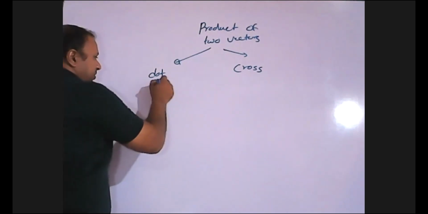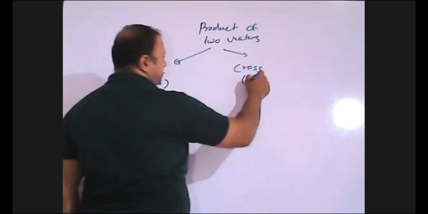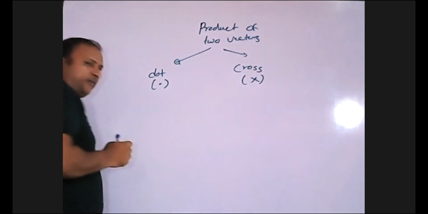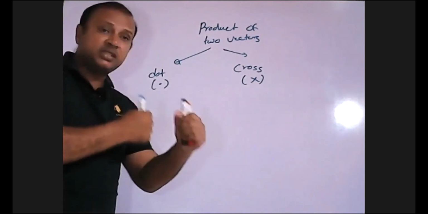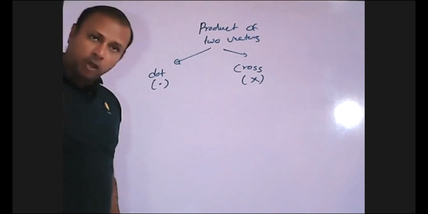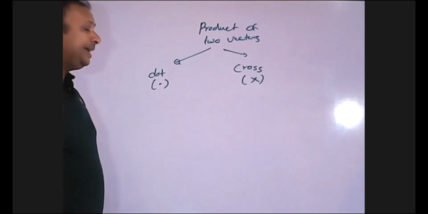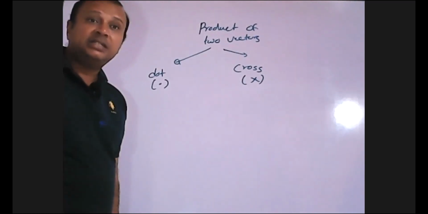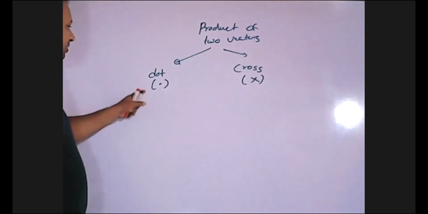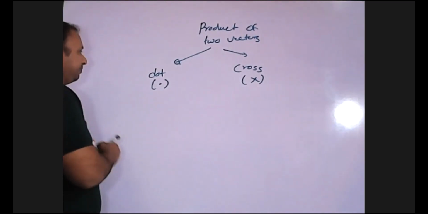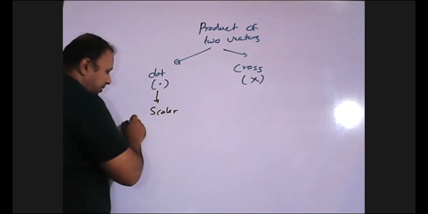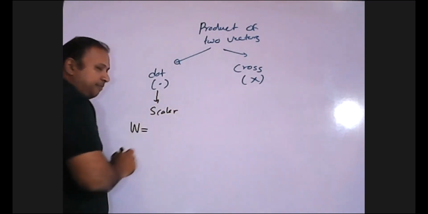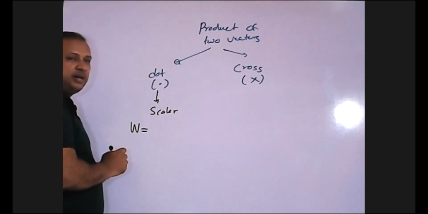If there is a product between two vectors using the dot product method, it will result in a scalar. The most common example is work done.